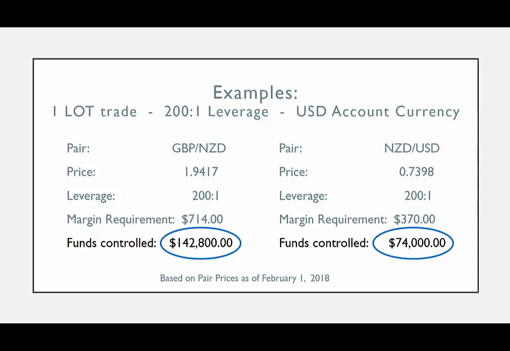The total value of the fund being controlled in the GBP-NZD trade is $142,800, but the total value of the fund being controlled by the NZD-USD trade is only $74,000. This is why the margin requirement for the two pairs is so different.